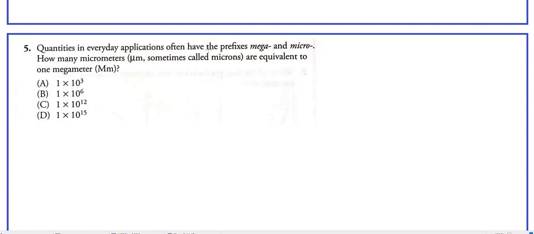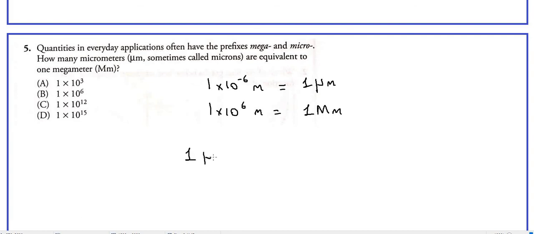So 1 times 10 to the negative 6 meter is equal to 1 micron, 1 μm. And a megameter is 1 million times bigger than a meter. So 1 times 10 to the 6 meter is equal to 1 megameter.